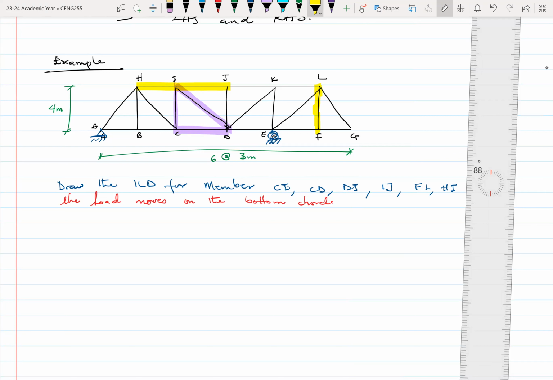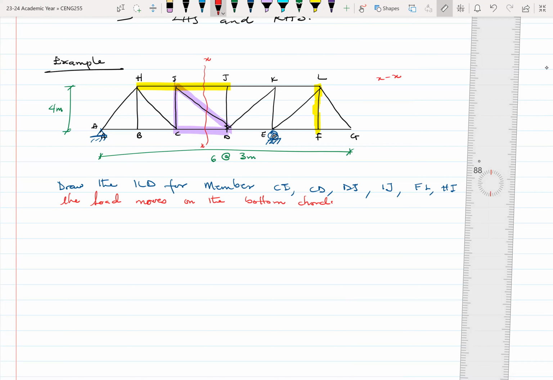This will still require you to use method of sections. So one section that we can look at would be, we can cut a section through this right here. So let's call this section XX.